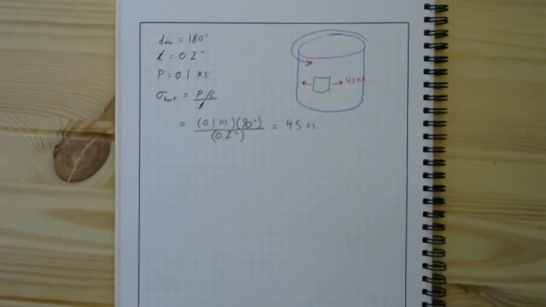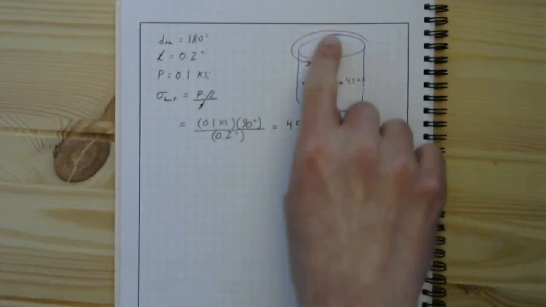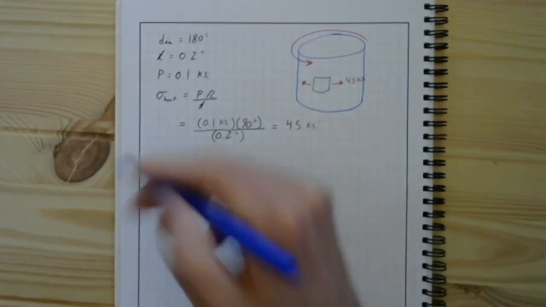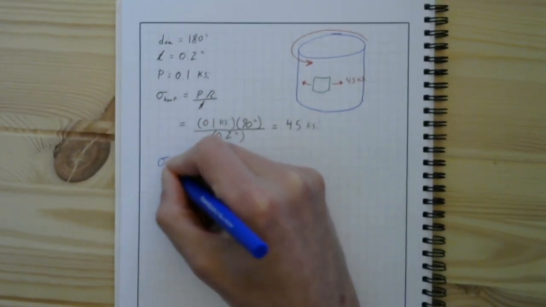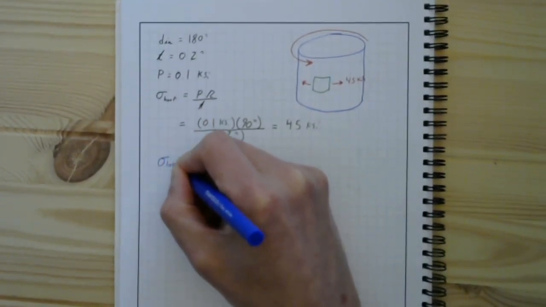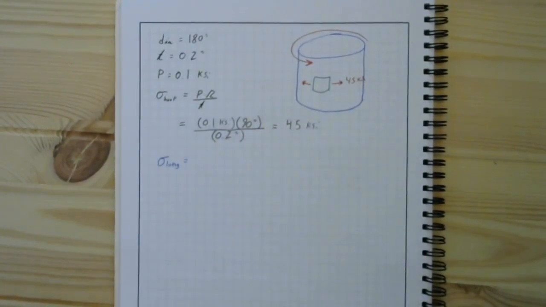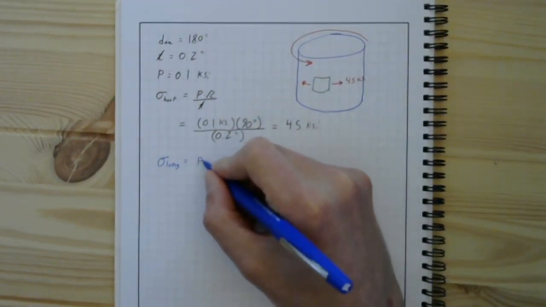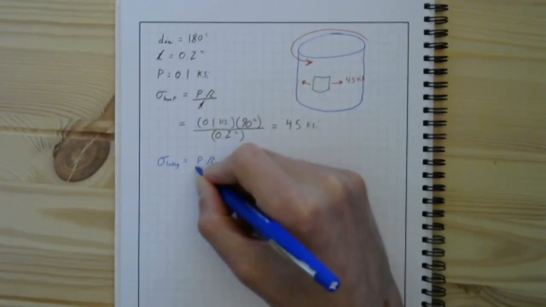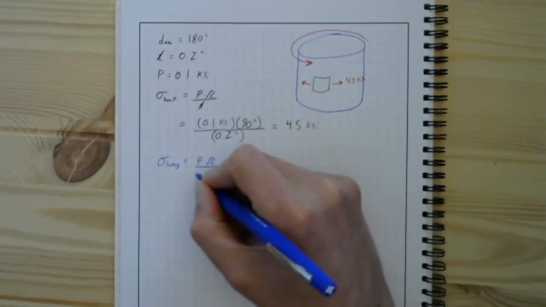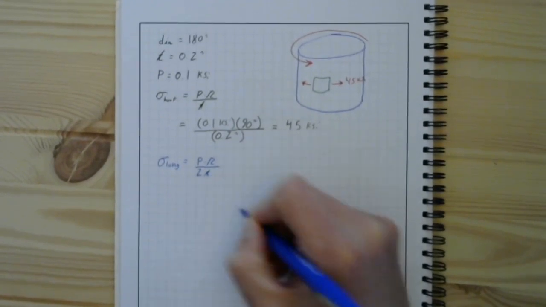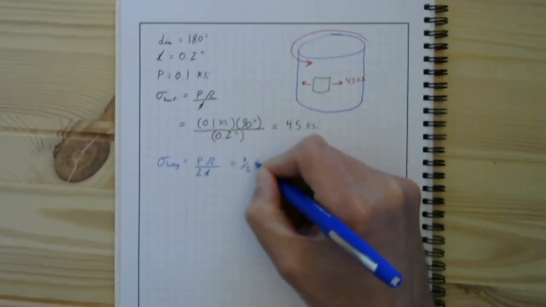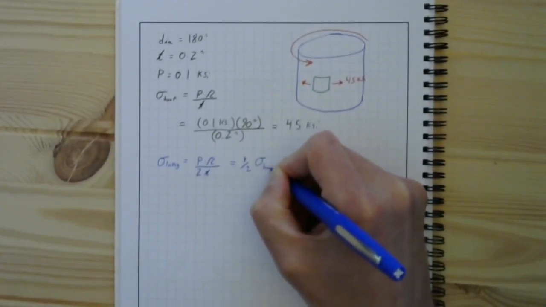Next, we're asked about the longitudinal stress, the stress in this direction. In that case, we use the equation of the longitudinal stress. We can use that it is P times the inner radius divided by 2 times the thickness. We could also use that it's equal to 1/2 the hoop stress.